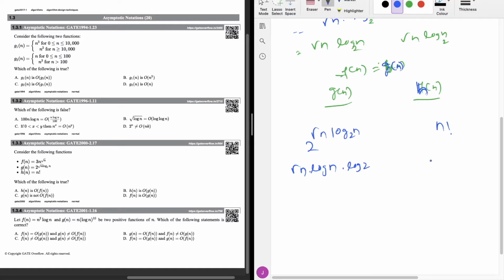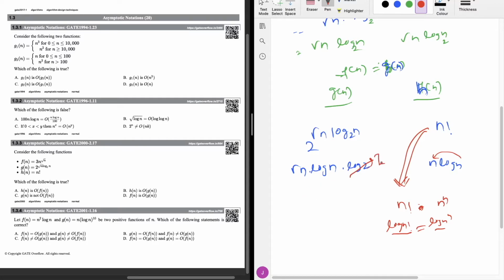This is one of the important derivations: n factorial and n power n are not equal, but log n factorial and log n power n are asymptotically equal. So I can write log n factorial as log n power n, and this n can be transferred according to the logarithm formula.